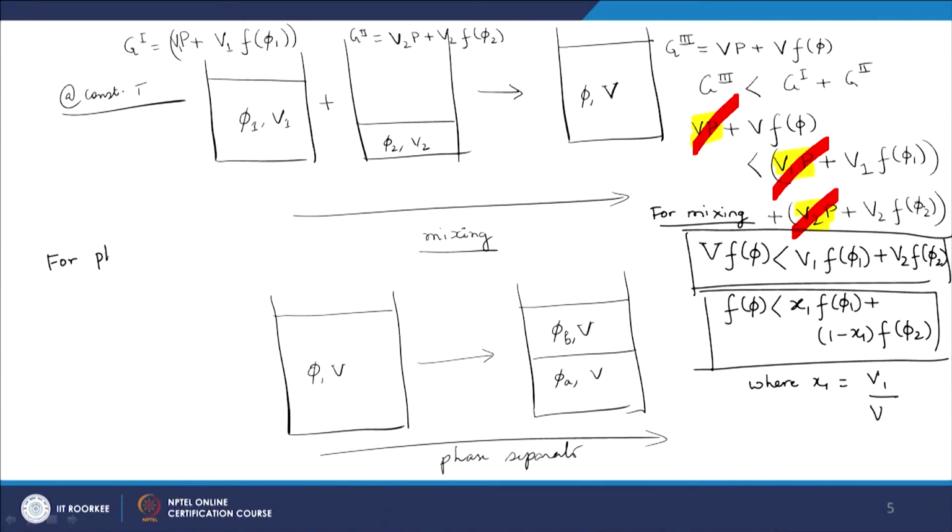So, for phase separation, we should have V f of phi.